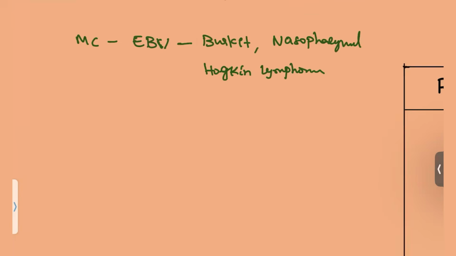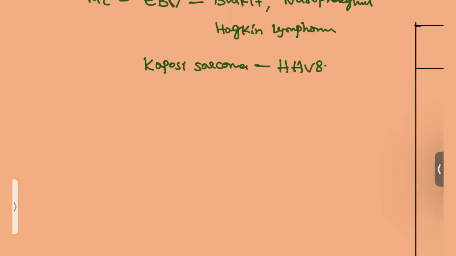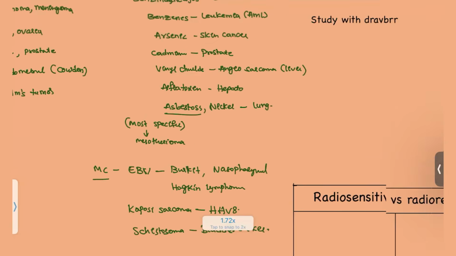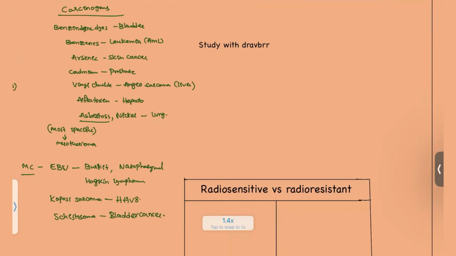Kaposi sarcoma is due to the HHV8 organism. One of the examples you have to remember: Schistosoma is going to cause bladder cancer. These are the carcinogens related to cancer formation.